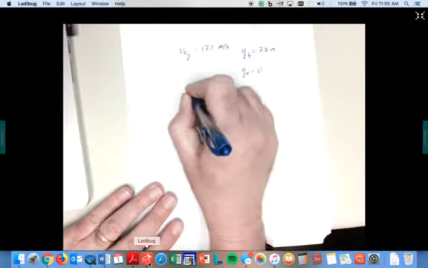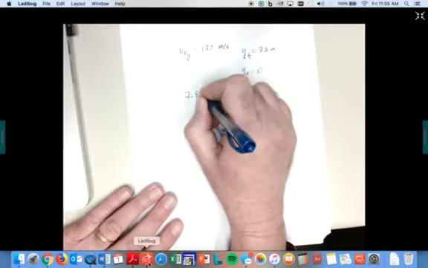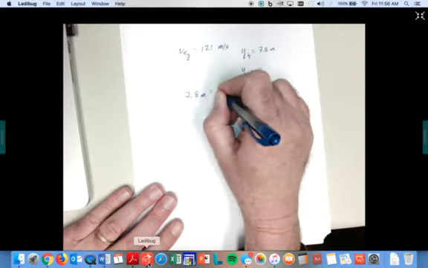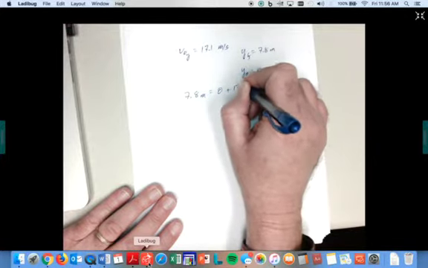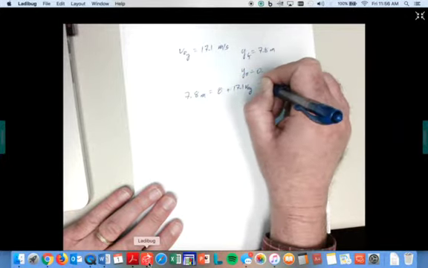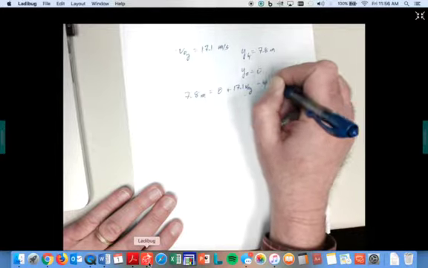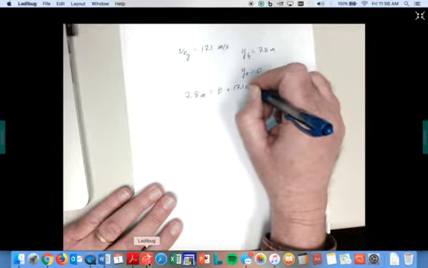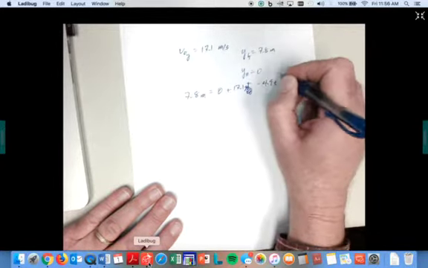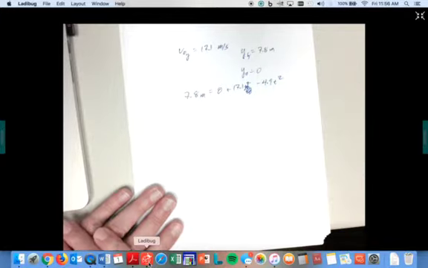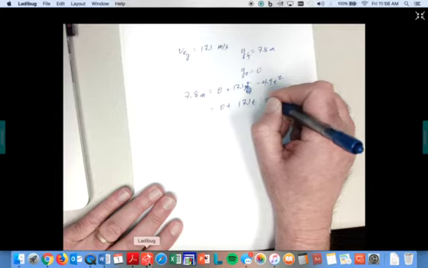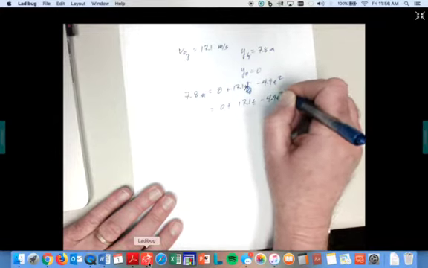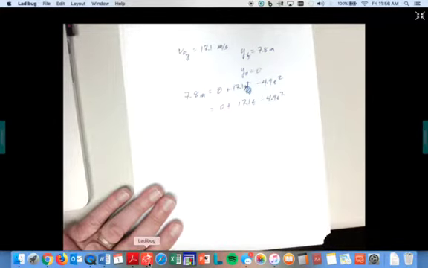So we've got 7.8 meters is equal to 0 plus 17.1 t minus 4.9 t squared.